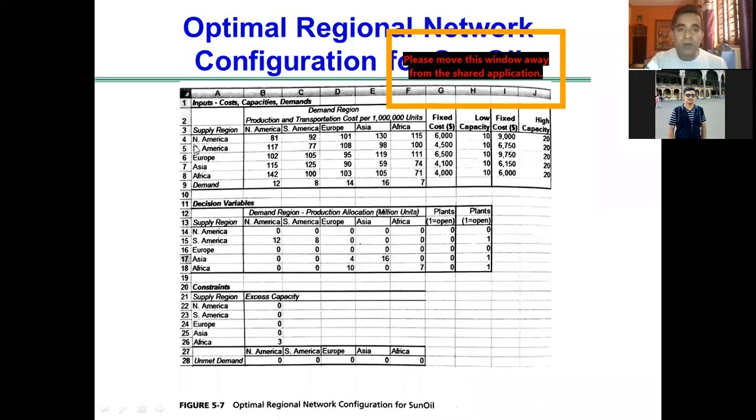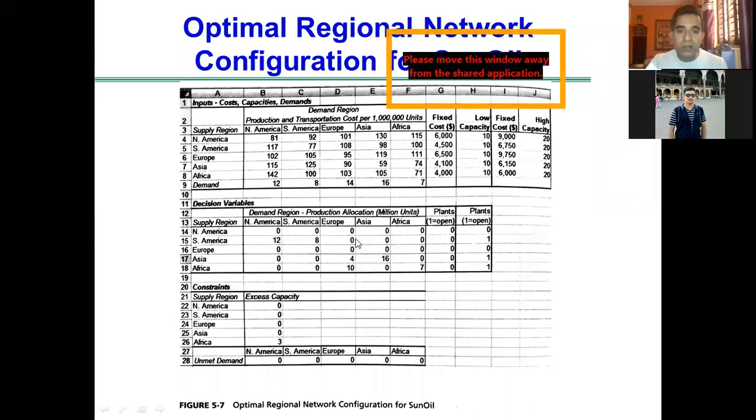So this is the data we fed into the solver tool in Excel, and this is the output. These are the decision variables, or this is how our low cost network would look. I'll explain, please pay attention. The first plant will be opened in South America.